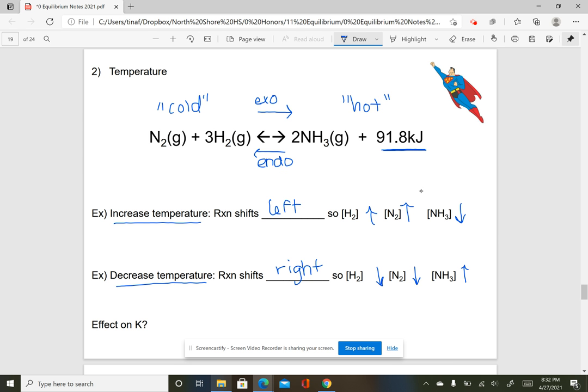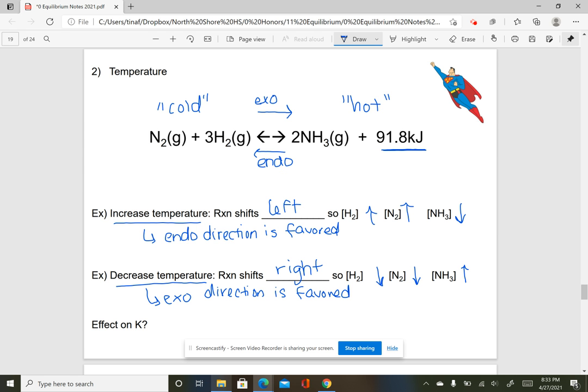Anytime temperature is increased, the endothermic direction is favored. That's something that's helpful to know. And anytime you decrease temperature, the exothermic direction is favored. And we could have given you guys a reaction that was endothermic, like energy could have been written on the other side.